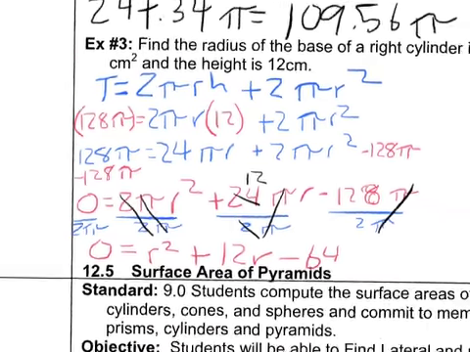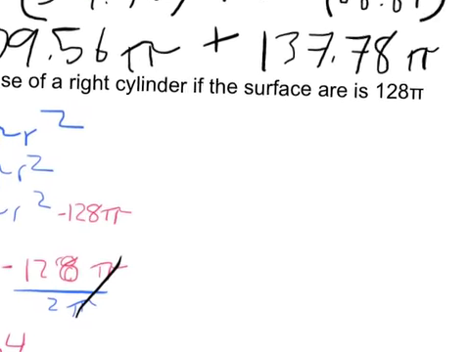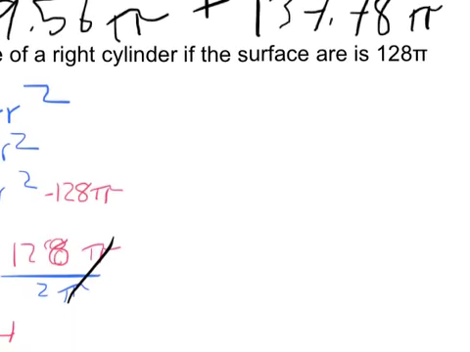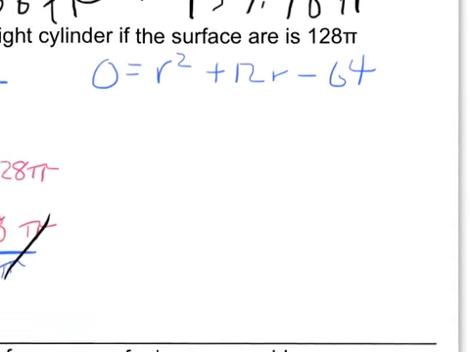Okay. I'm going to rewrite this equation up top here. 0 equals r squared plus 12r minus 64. Let's just check, make sure that's the same thing.